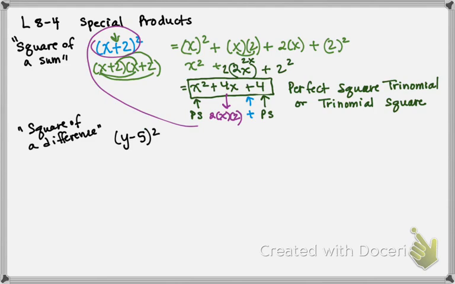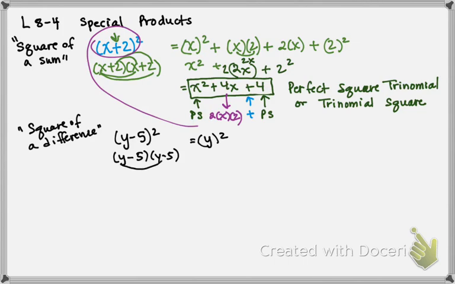Remember this is just really y minus 5 times y minus 5. So we're going to get y times itself. So y times y is going to give me y squared, so that's what this is.